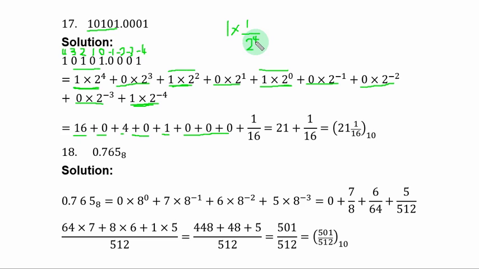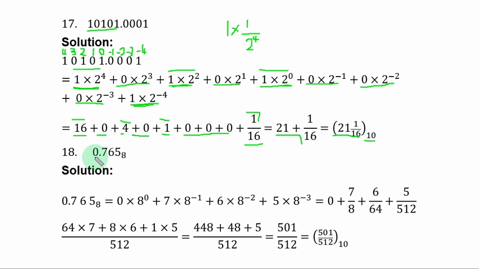So 1 times 1 is this 1 you have here. 2 power 4 is 16. So you add together the whole number part, that is 16 plus 4, that is 20, plus 1, you have 21, plus the fraction. When put together, you have 21 whole number 1 over 16 in base 10.